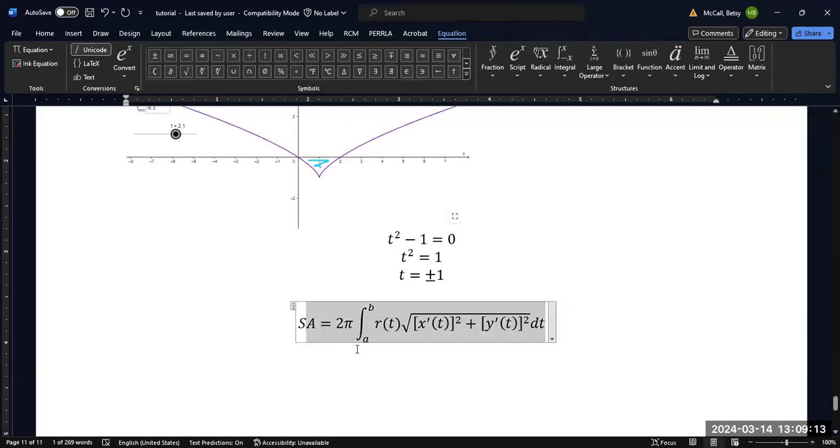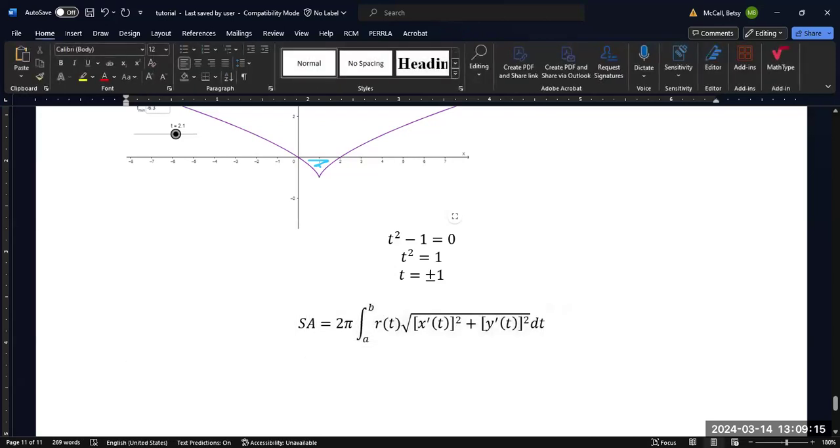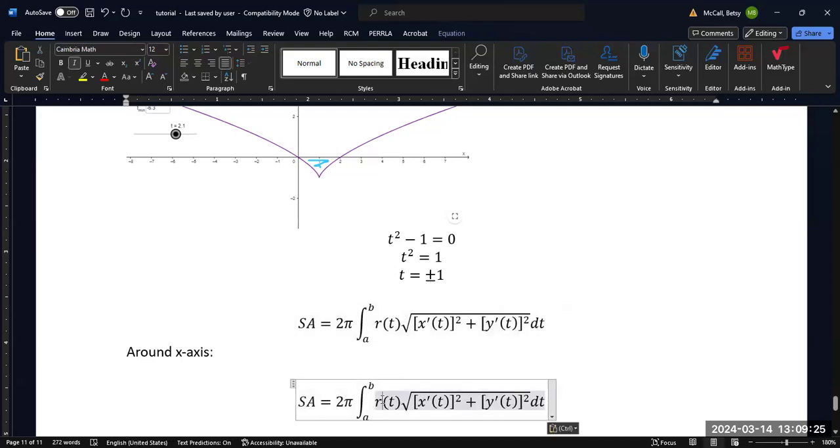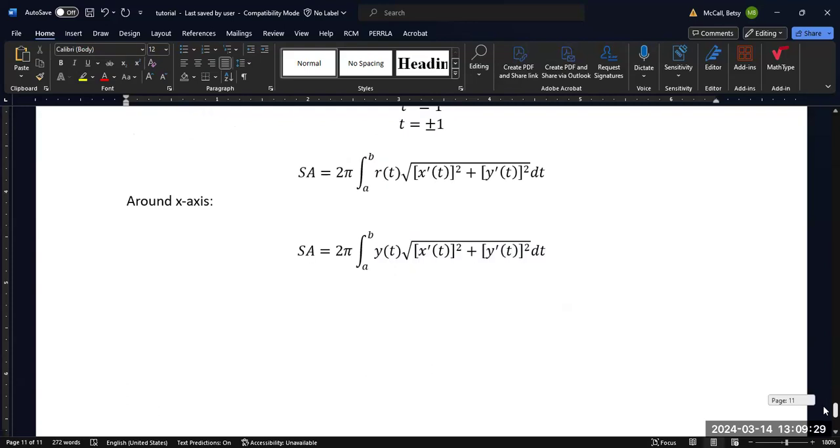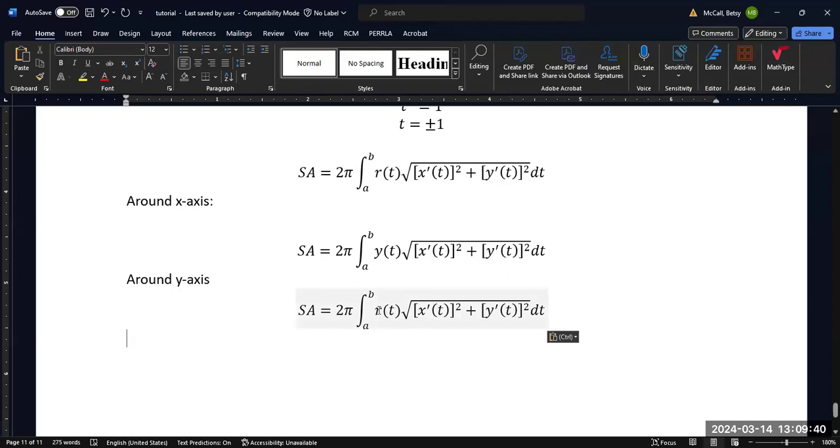So we have these two versions. Around the x-axis, we simply replace r of t with y, and around the y-axis, we would simply replace r of t with x of t.